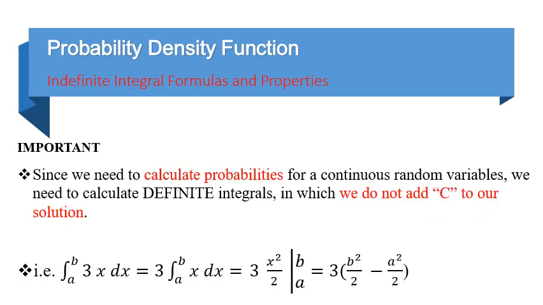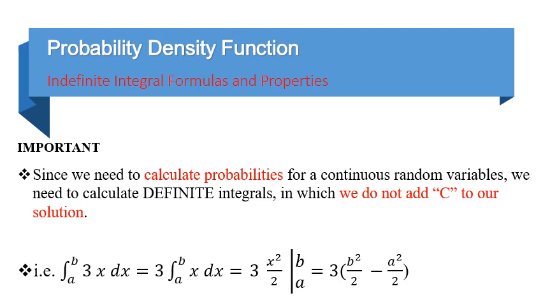As we said, to calculate a probability, we need to use definite integrals, not like the previous rules. In the previous rules, there are no limits over the integral, so we add up c. But here, if we need to calculate a probability, which is an area under a curve between a and b, like the problem before us, integration from a to b of 3x dx, you get the 3 out, and then you integrate from a to b x dx, which is like x power 1.